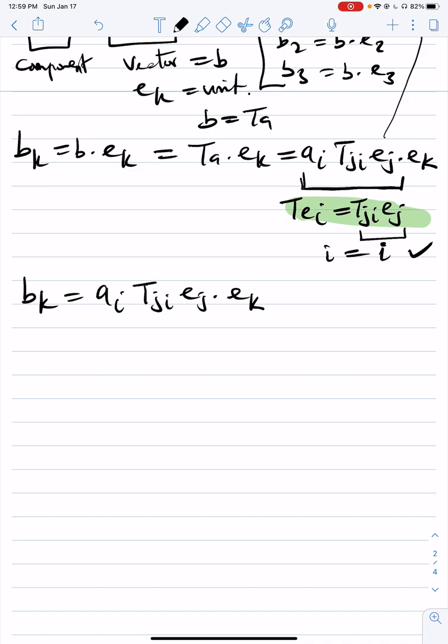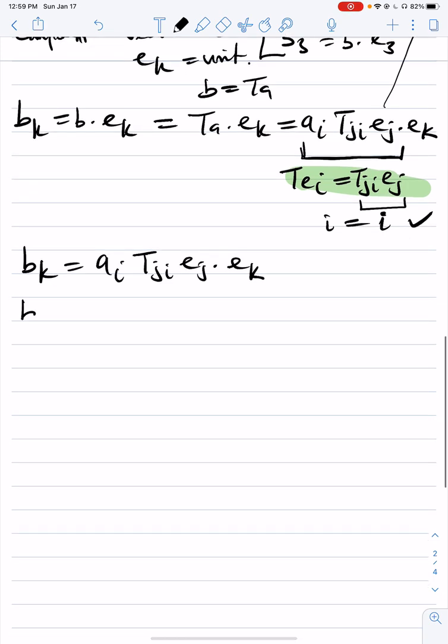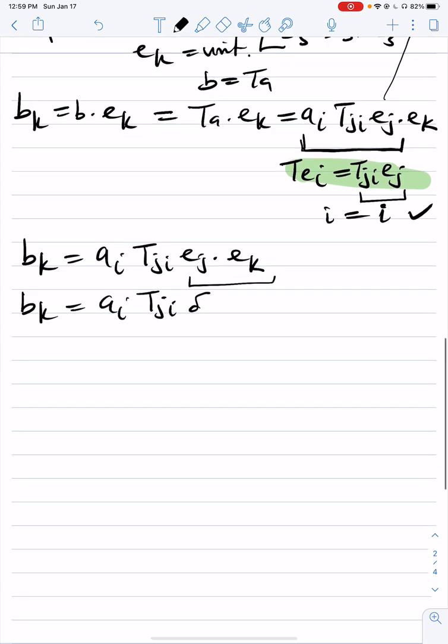So A_i T_ji, this can further be simplified to B_k equals A_i T_ji. Now if you look at this, the Kronecker delta, delta_jk.